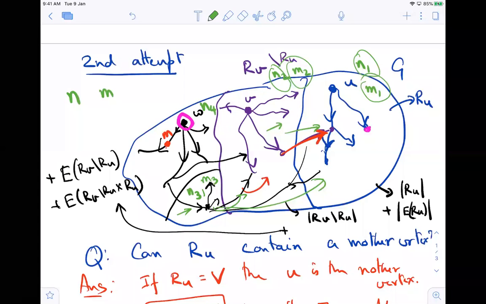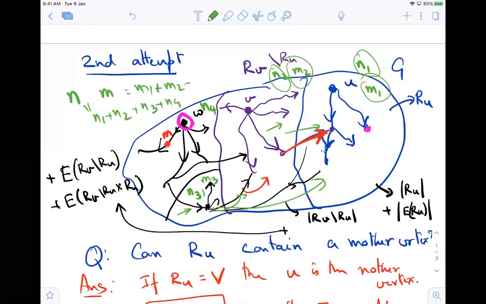It is just order of the summation of the Ni's plus Mi's, which is N1 plus N2 plus N3 plus N4, plus M1 plus and so on. So the ith DFS takes order Mi plus order Ni. This is the only clever, slightly involved time complexity analysis that has been done.